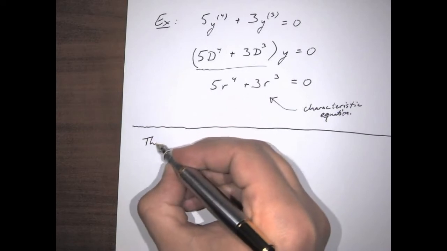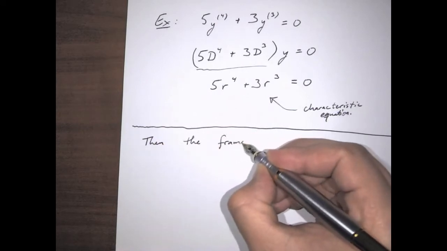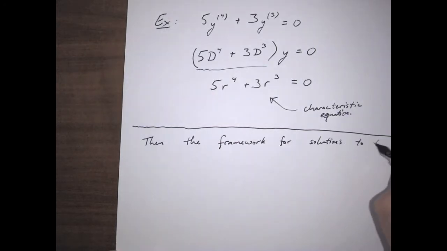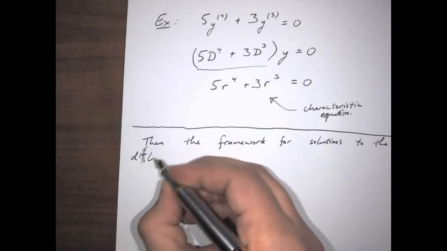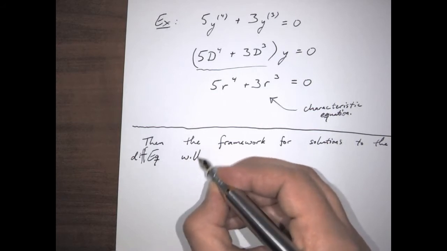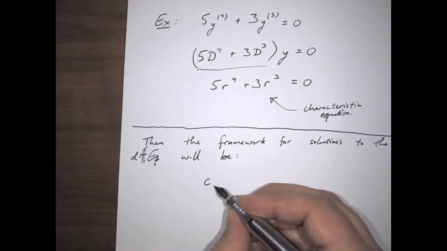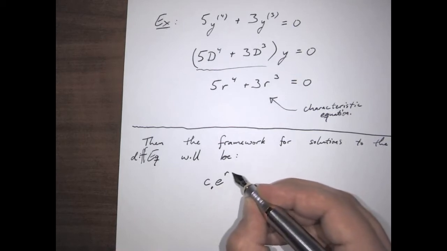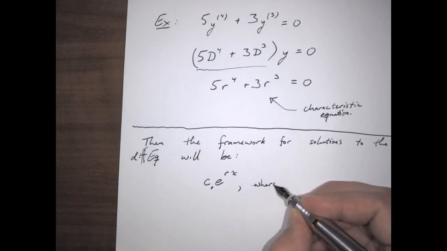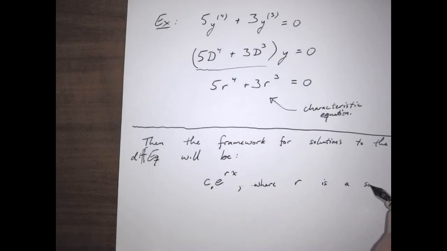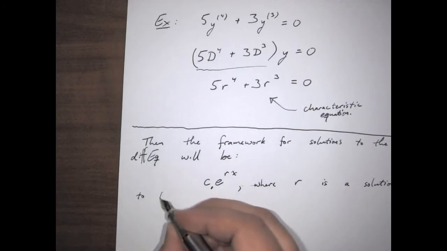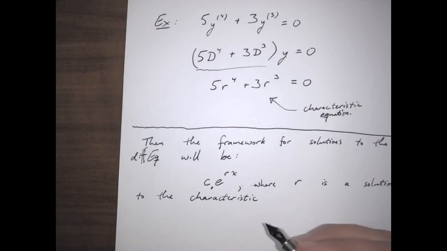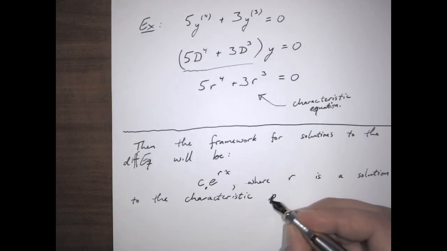So then the framework for solutions to the differential equation will be C times e to the rx, where r is a solution to the characteristic polynomial, or characteristic equation, I should say.